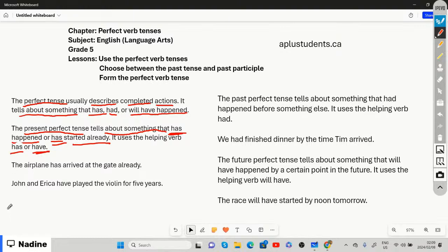And if we look at an example of the present perfect tense, we say: the airplane has arrived at the gate already.